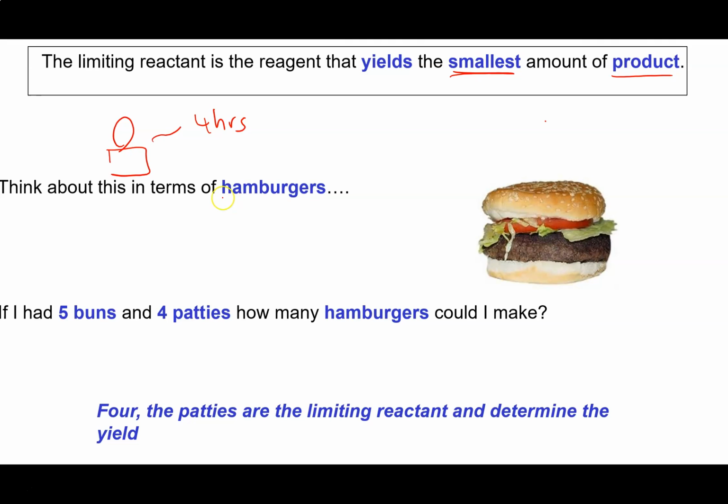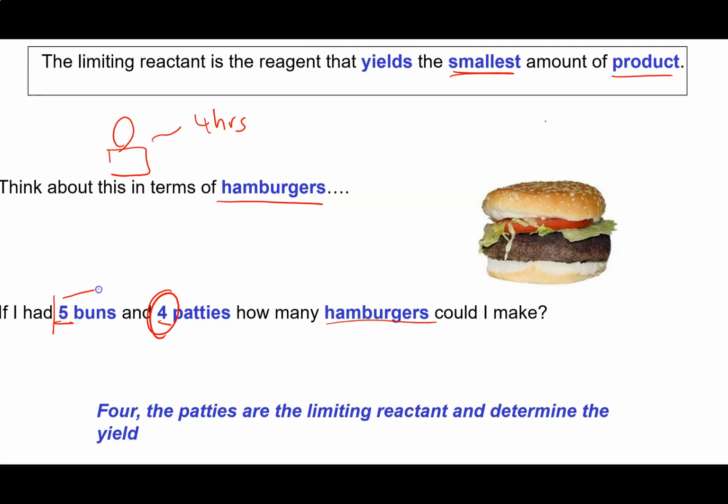So, a good example of this is thinking about this in terms of hamburgers. If you've got 5 buns and 4 patties, what's the maximum number of hamburgers that you can make? Well, assuming you're going to use 1 bun and 1 patty for every hamburger, then obviously the maximum amount of hamburgers you can make is 4, because the patties are the limiting reactant and they're going to determine the yield.